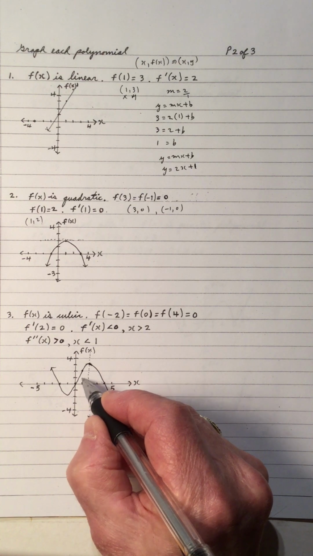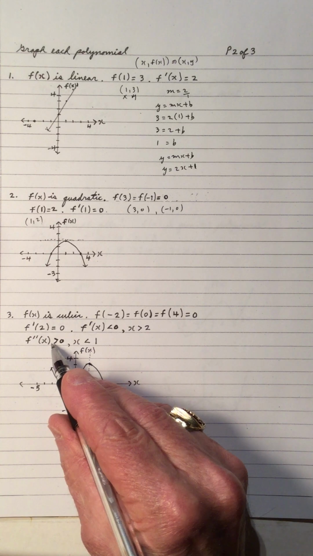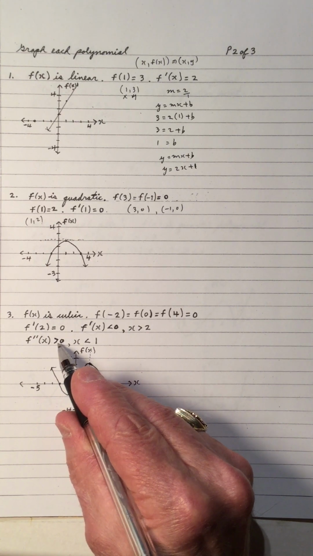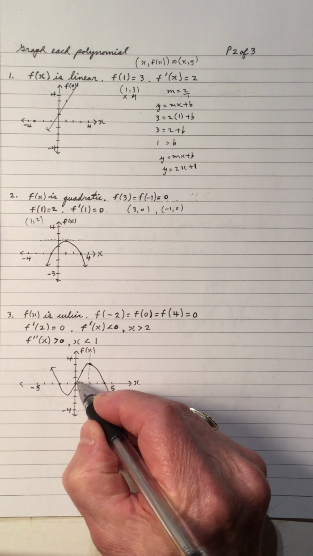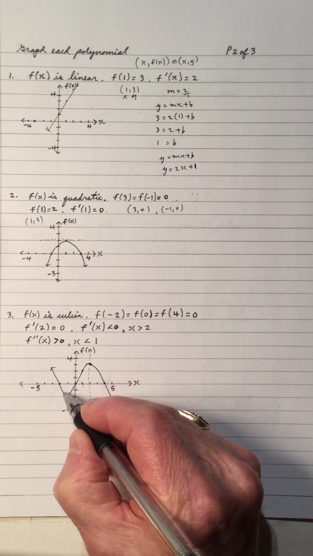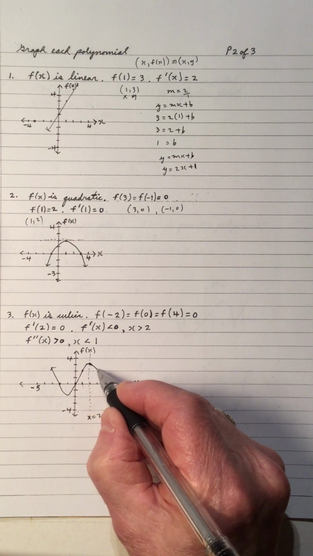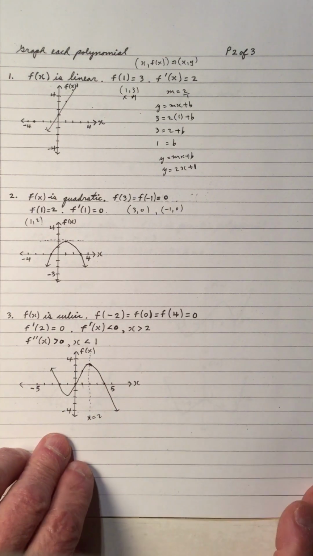X is 1 like right here. The double derivative is concavity. Concavity is positive, which means it's open upward on the left. So if that's on the left, on the right it must be negative, opening downward. So this is the graph that fits that cubic.